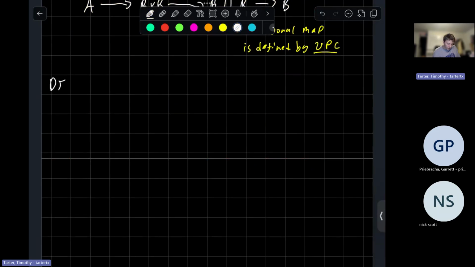Okay. So definition. Let C be a category with a zero object.